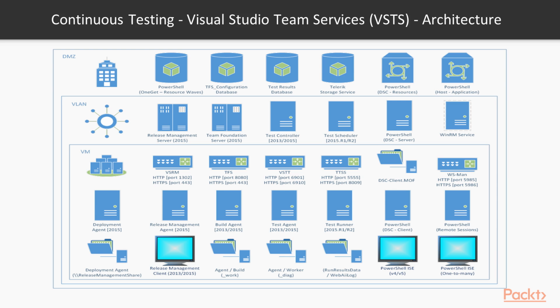But let me just start off, again, with a very high-level look at the target architecture for configuring Visual Studio Team Services. As you can see, depending on how you set this up within your environment, you may have to configure a whole stack of ports and also deploy a number of different types of agents.